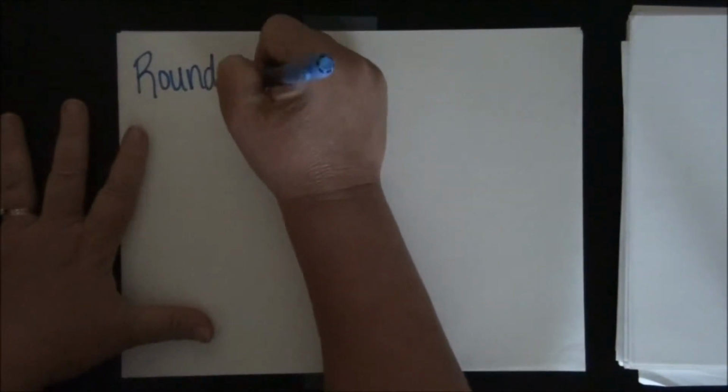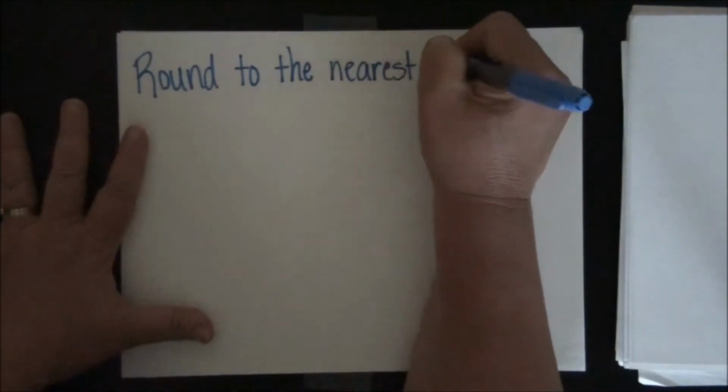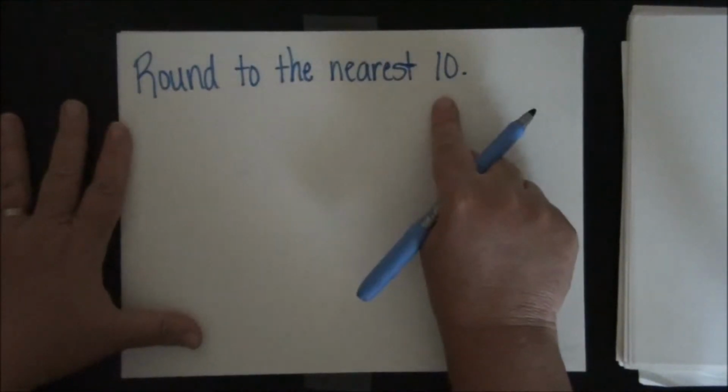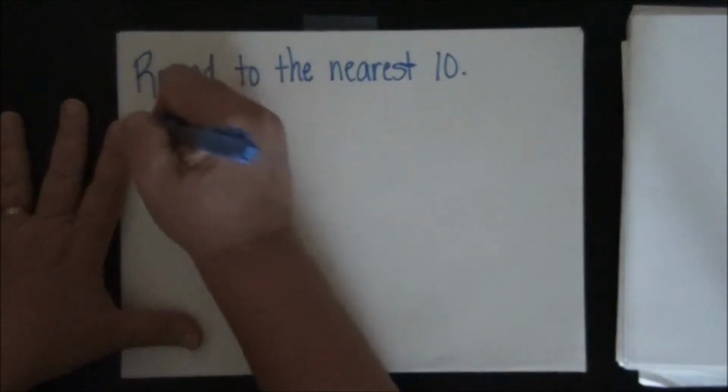So let's first of all talk about rounding to the nearest 10. What does that mean? We have to understand what the nearest 10 and the nearest 100 are before we can go on and actually solve this. So round to the nearest 10. First of all, let's talk about what tens are. When you count by tens, you know how to do this.